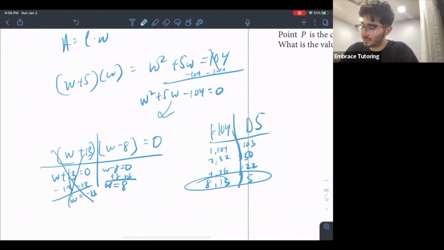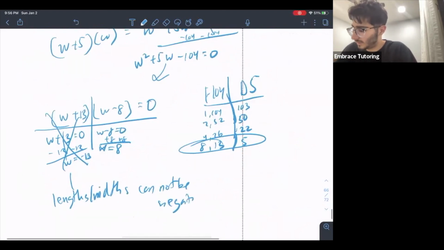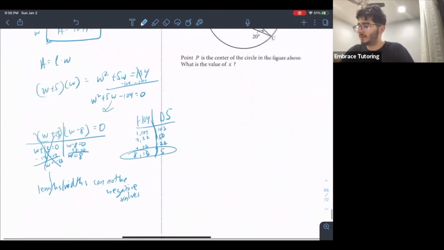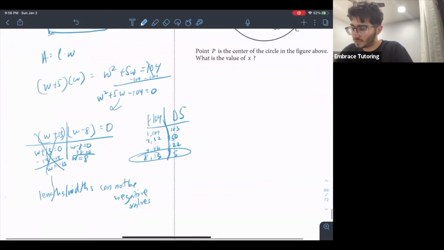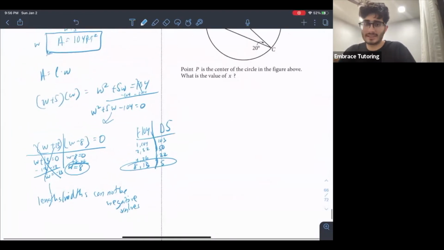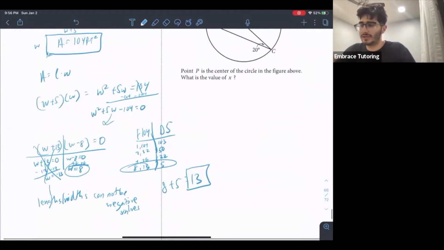We can ignore the negative one, because lengths and widths cannot be negative values. So you choose the positive value, which is 8. Now, since it's asking for the length, it would be 8 plus 5, which is 13, and that is your answer. 13 is your answer for the length.